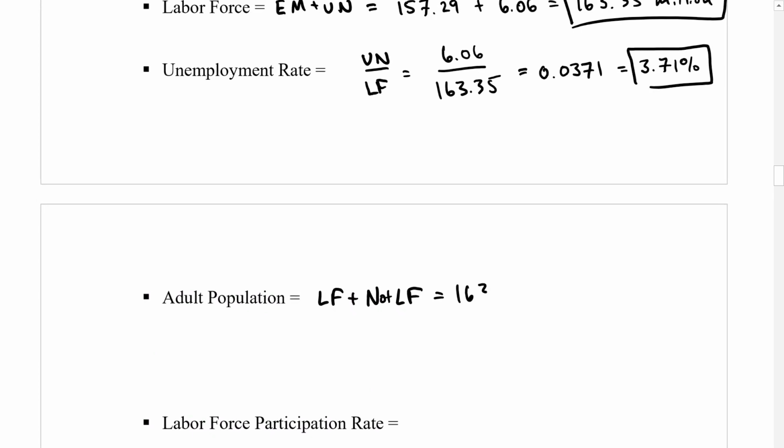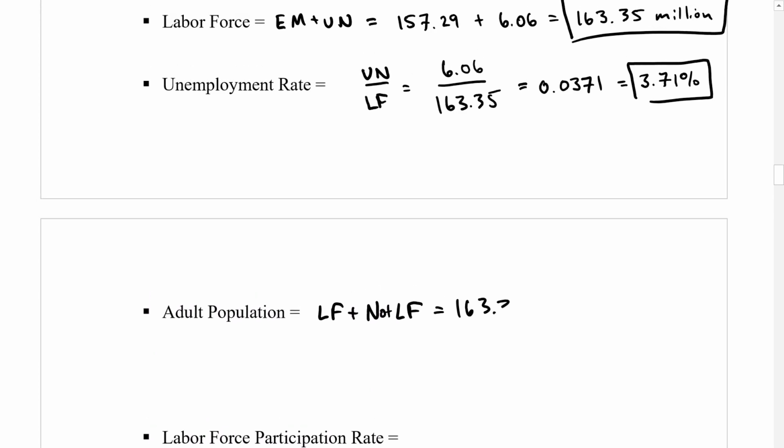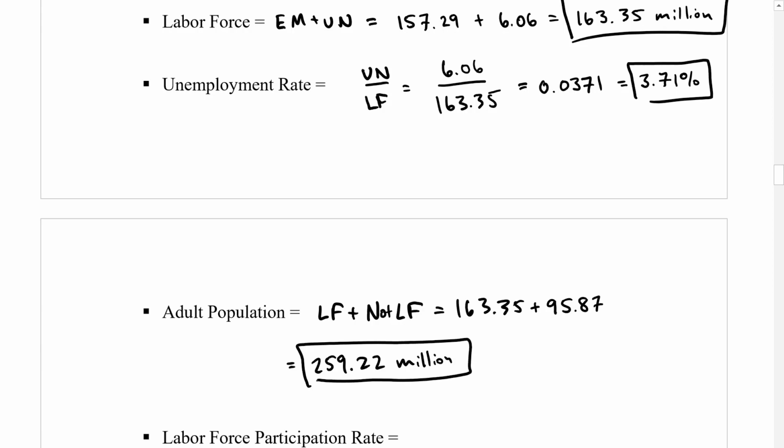So we have 163.35 plus 95.87, and that's going to give us a total of 259.22 million people in the United States above the age of 16 back in July 2019.